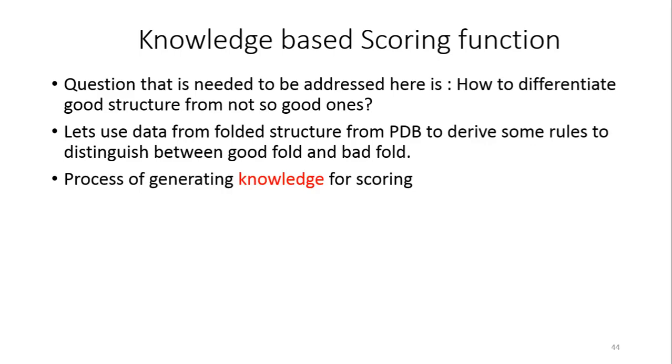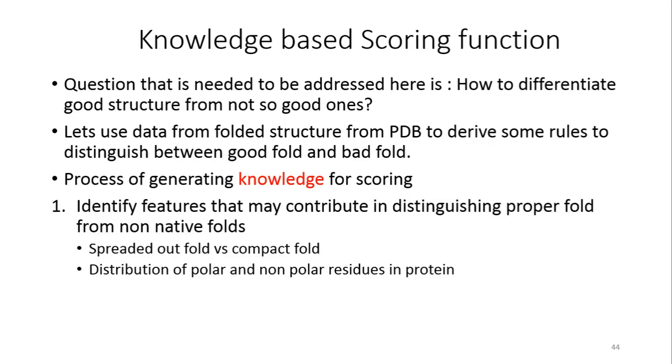Okay, so this process of generating knowledge for scoring entails three steps, or you can say that the process of generating knowledge for scoring is a three-step process. The first step involves something called feature identification.